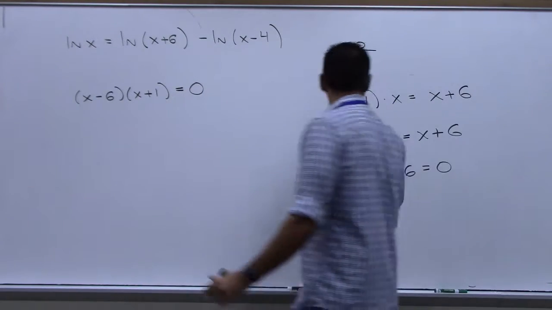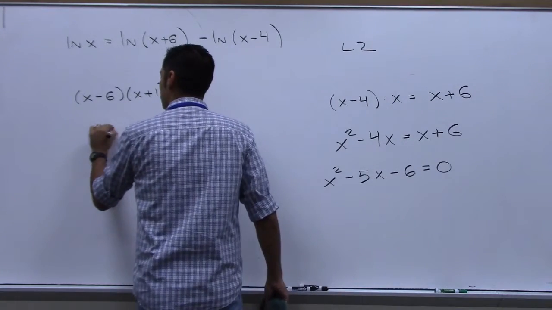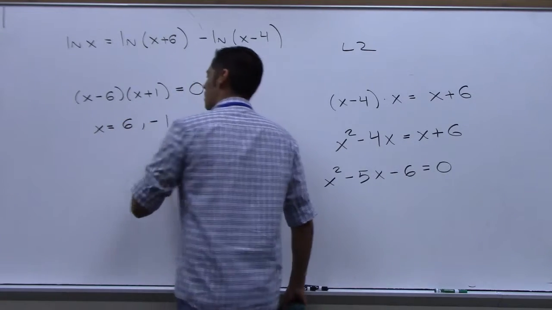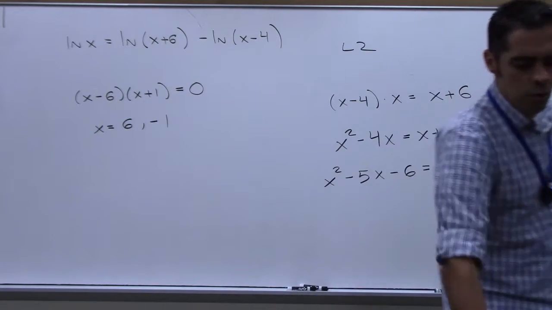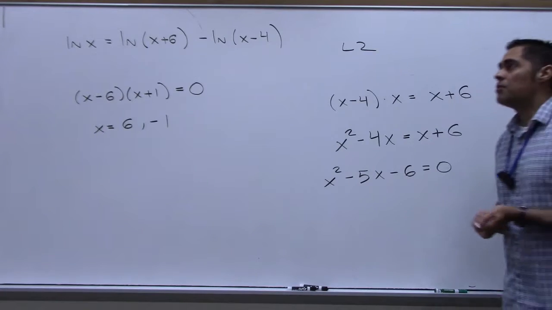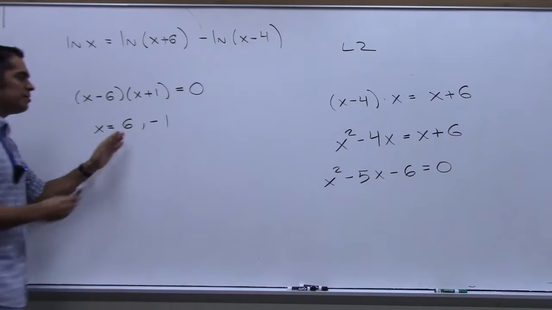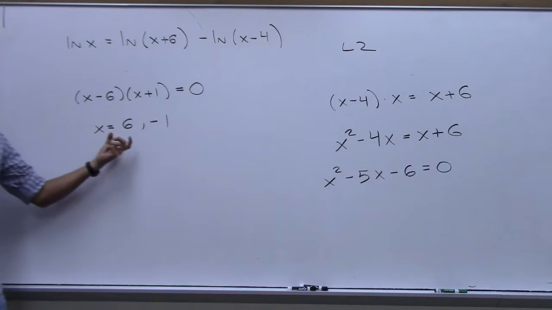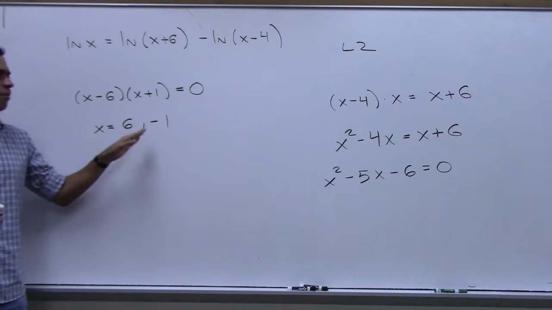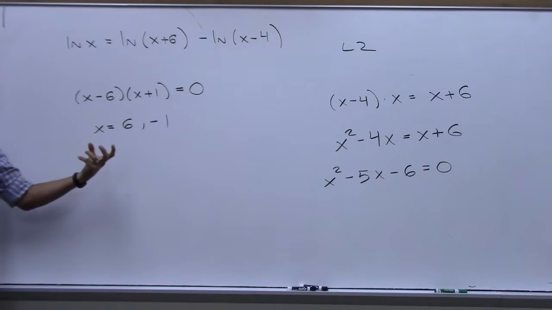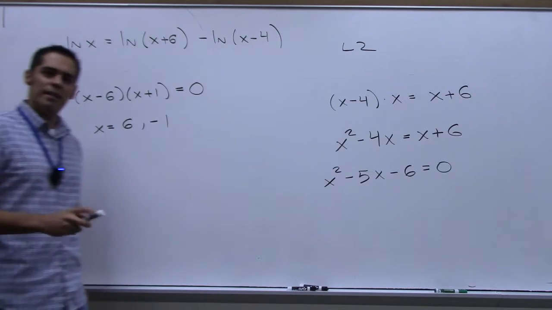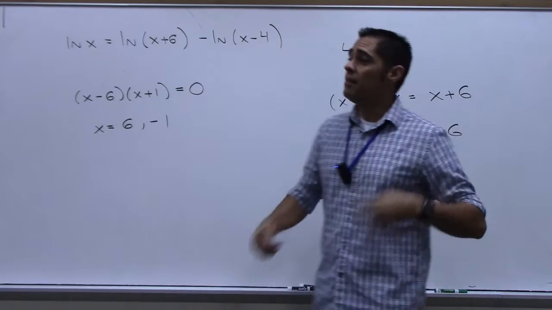Set to 0, and we get 2 solutions potentially, right? Does anybody know what it's called when you have a list of potential answers where some of them could not work? Does anyone know what we call the ones that don't work? Very good. Extraneous solutions.